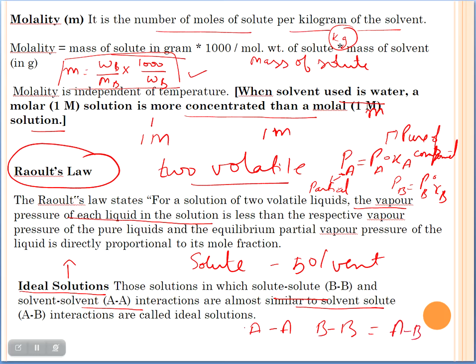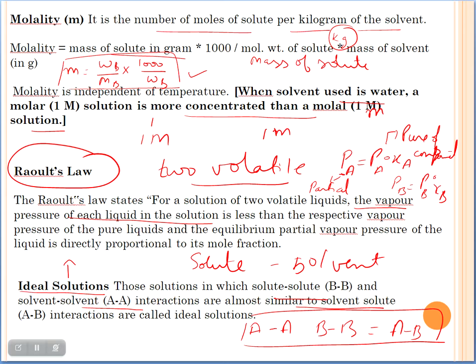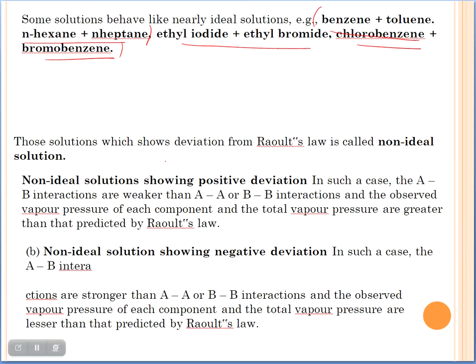This is the ideal solution and it will follow Raoult's law. Clear? Next, moving towards the examples: benzene and toluene, hexane and heptane, ethyl iodide and ethyl bromide, chlorobenzene and bromobenzene. These are examples of ideal solutions.